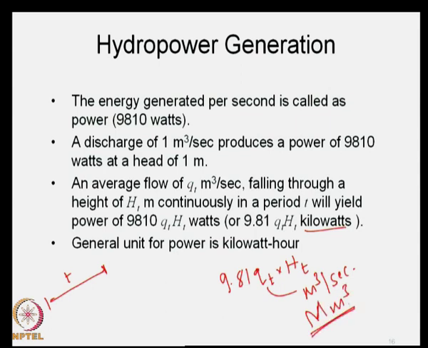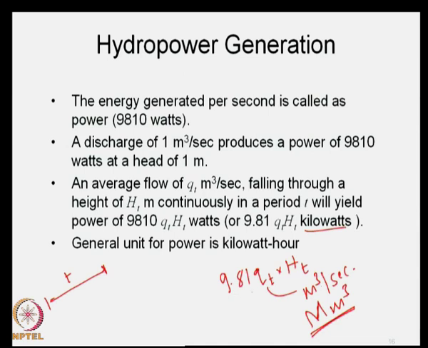Let us say that you are making a release through the penstocks in million cubic meters over this particular time period. Let us say this time period is 1 day or 2 days and so on. So, you are making a total discharge of so many million cubic meters over this time period T.